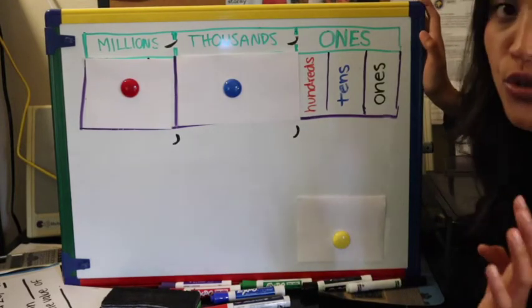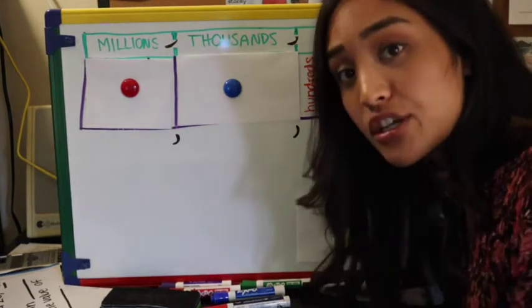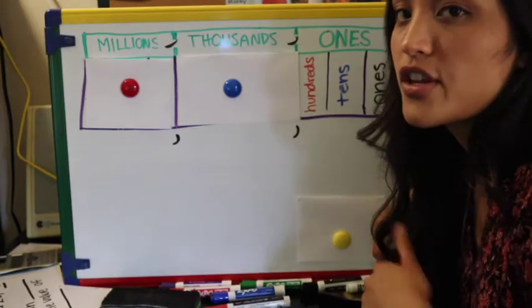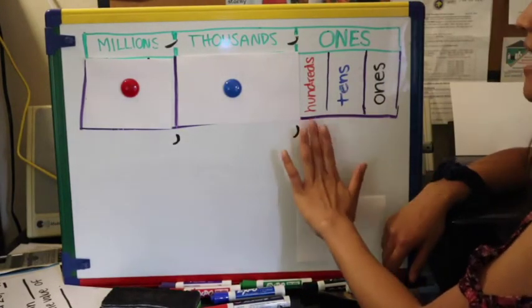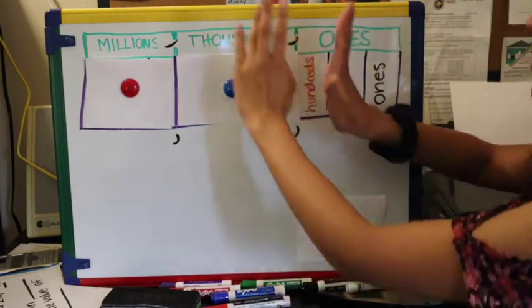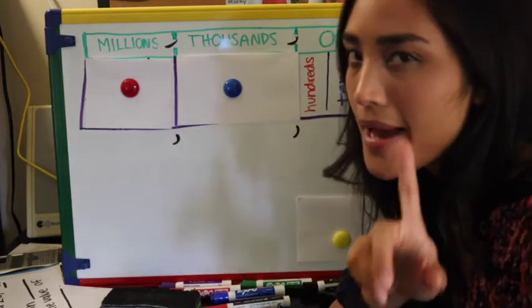This should not be news to you if you watched the last Flipgrid videos. If you haven't, make sure to check those out because it'll make more sense to you if you finish up those lessons first. So ones, tens, and hundreds. And then after this ones period, we have the thousands period. And you'll notice a pattern.